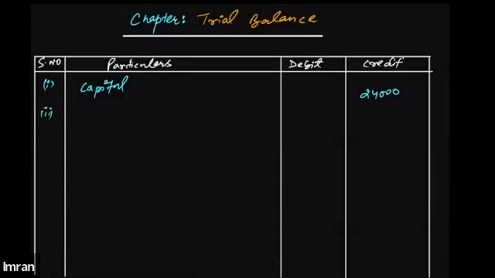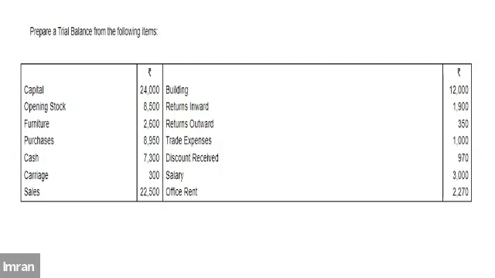All right, then we have opening stock. Opening stock always has a debit balance, so 8,500 on the debit side. Then furniture is an asset, so furniture goes on the debit side, 600.